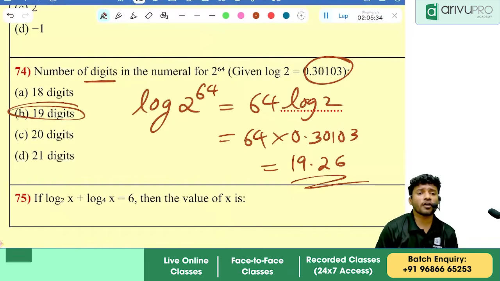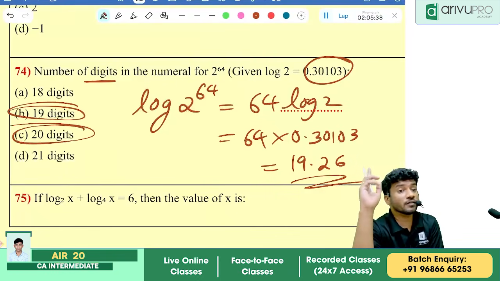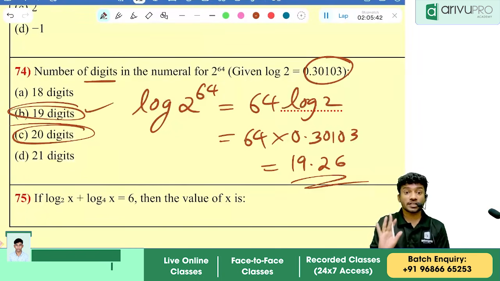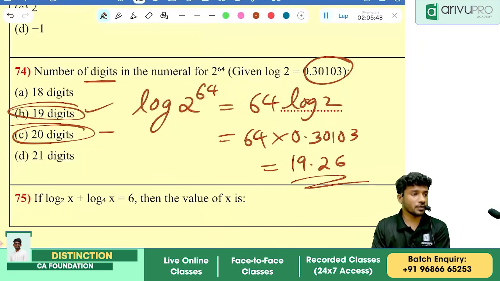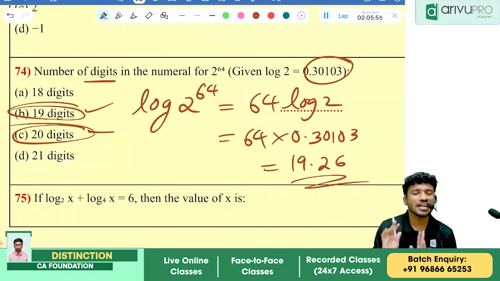Now two options are there. Either I can go for option B or option C. In one previous year question, the answer key was given as 19, the smaller answer. But logically, with respect to the number of numerals, we should go for 20.